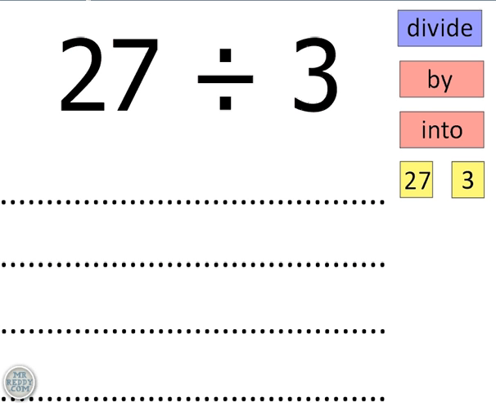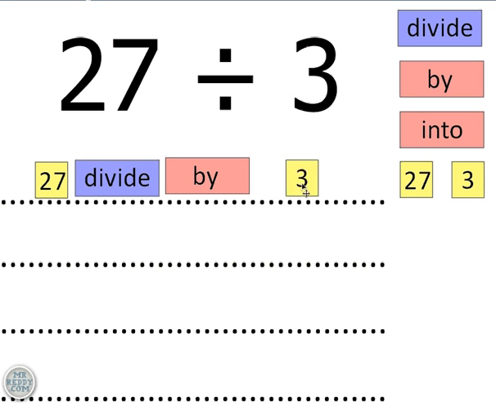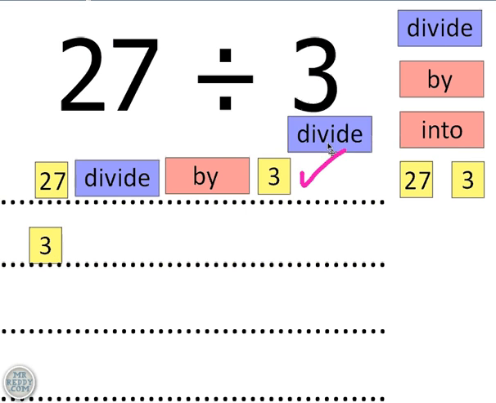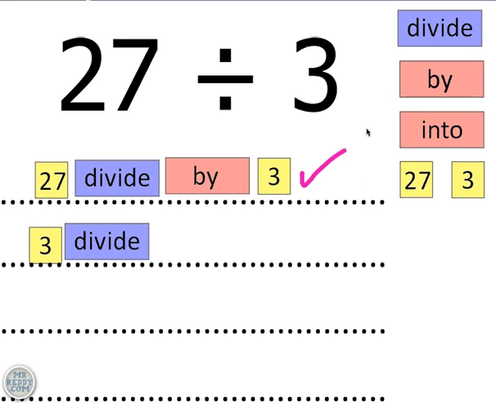Here we've got a division problem, and I'm going to show you how we talk about it. 27 divide by 3. That is one correct way of saying it. An incorrect way of saying it would be 3 divide by 27.